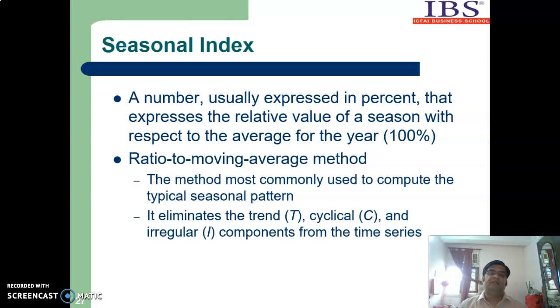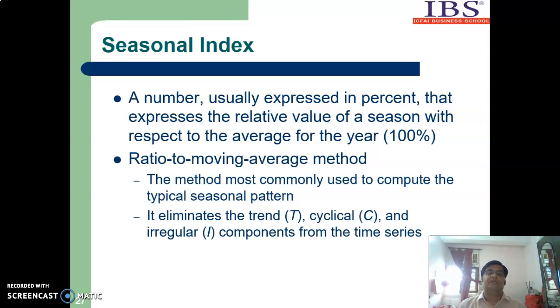Now in this topic we'll study in detail the ratio to moving average method. Already I have explained what the moving average method is. Now let us understand the ratio to moving average method.